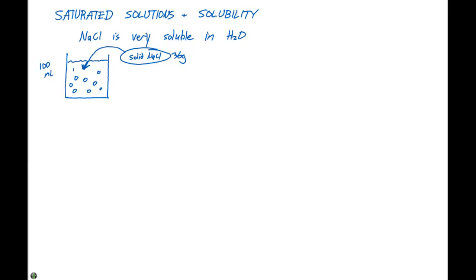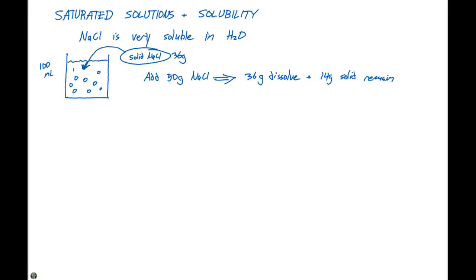What happens? Let's just say in 100 milliliters of water, we add 50 grams of NaCl. So what's going to happen here? If we add 50 grams of NaCl, 36 grams dissolve, and we're going to have 14 grams of solid remain.